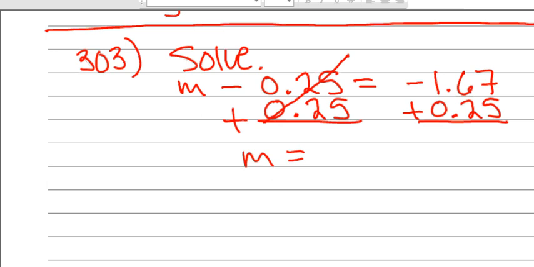When I'm adding a negative and a positive, the sign goes to whoever has more. 1.67 is bigger than a quarter, so I know my answer is going to be negative. And when I'm adding a negative and a positive, I subtract. So I'm going to subtract: 7 minus 5 is 2, 6 minus 2 is 4, and 1 minus 0 is 1.